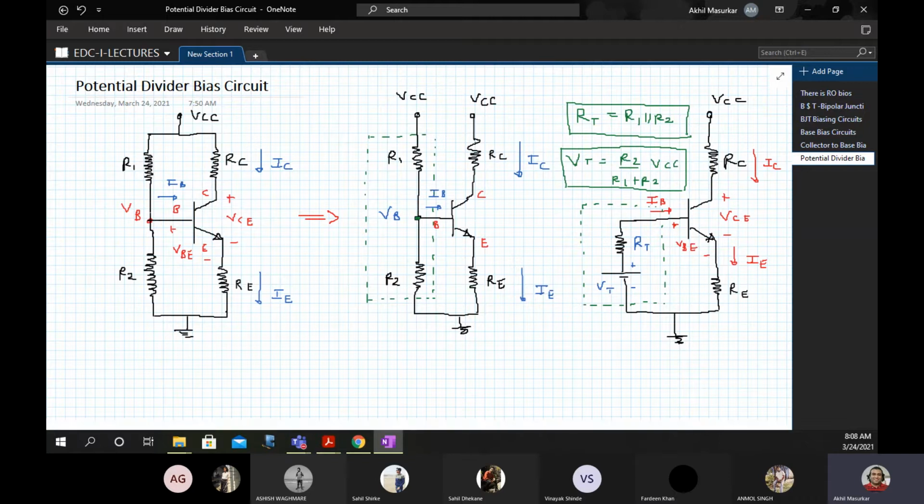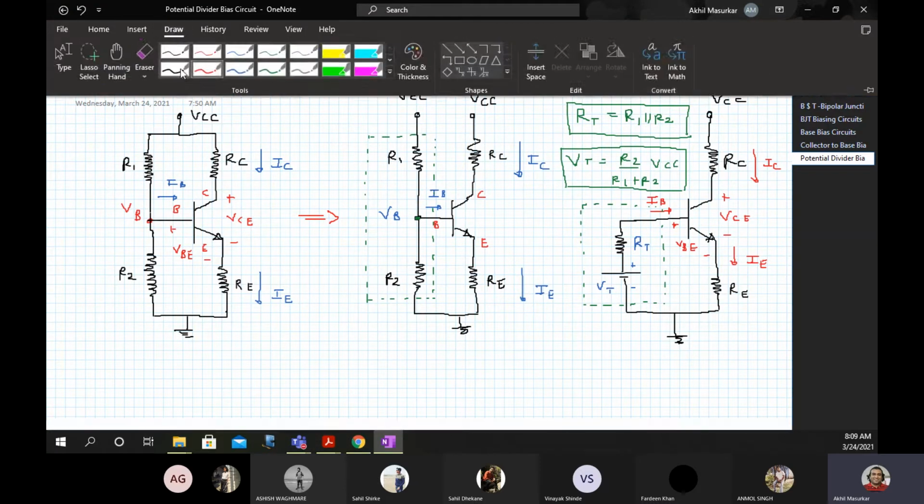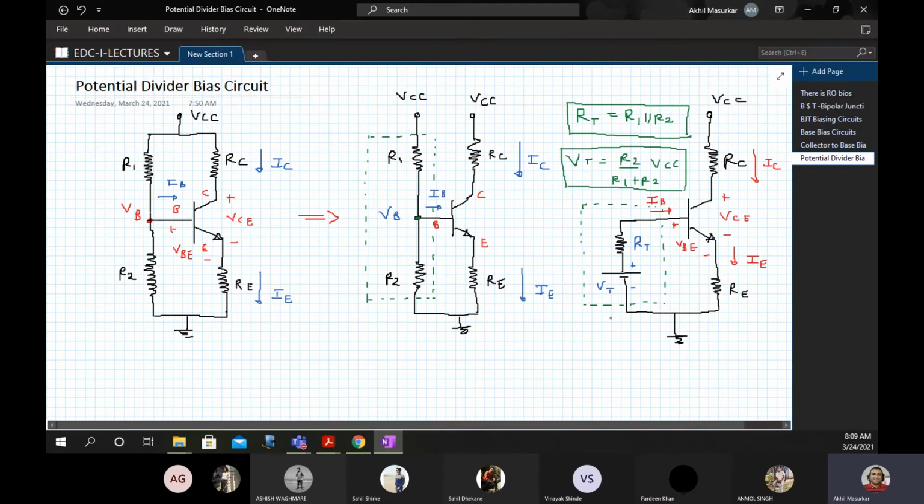Once you draw these three circuits, just write done in the chat box, and then we will see the further analysis of this circuit. Like I said to you, this circuit is called the Thevenin's equivalent.